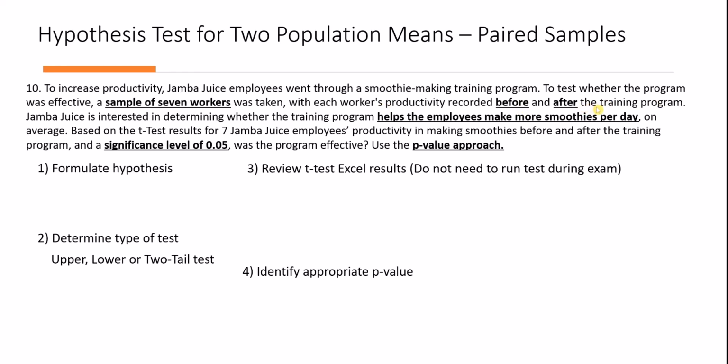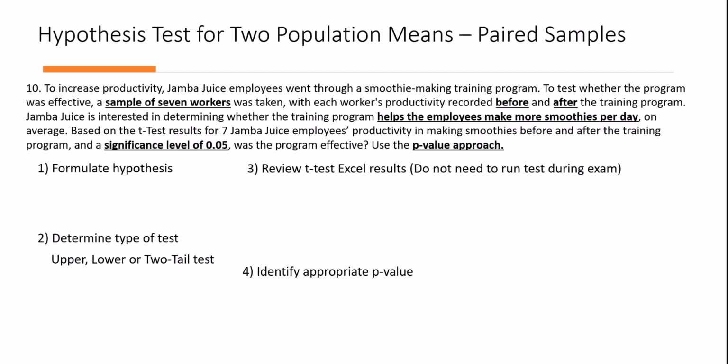In this case, the event is a training program. Jamba Juice is interested in determining whether the training program helps employees make more smoothies per day on average. Based on the t-test results for the 7 Jamba Juice employees' productivity at the significance level of 0.05, can we conclude that this training program was effective?